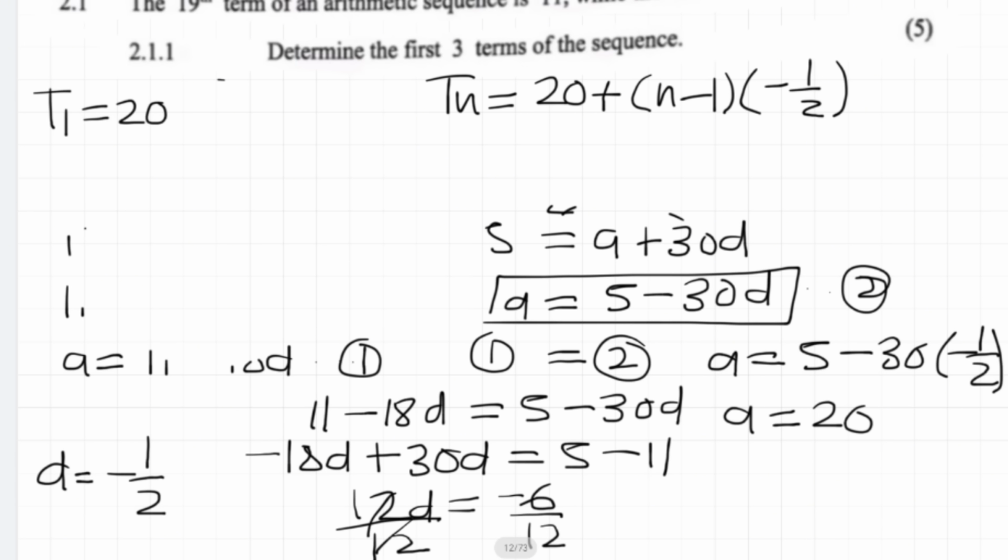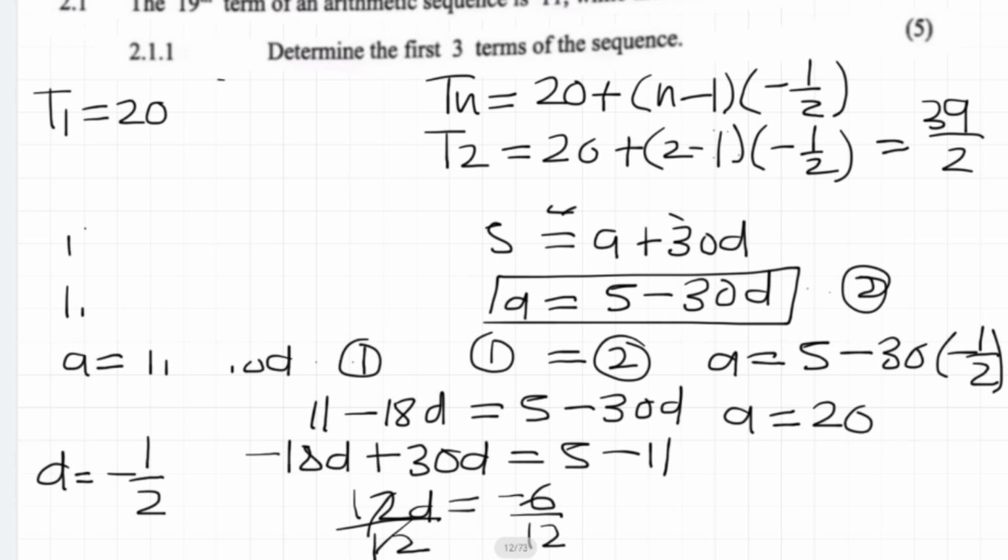To find term number 2, we just substitute 2 there, which is 20 plus 2 minus 1 times negative 1 over 2. This is going to give you a strange number. When I punched this in the calculator I was a little bit anxious. This is going to be 39 over 2. So term number 2 is 39 over 2.